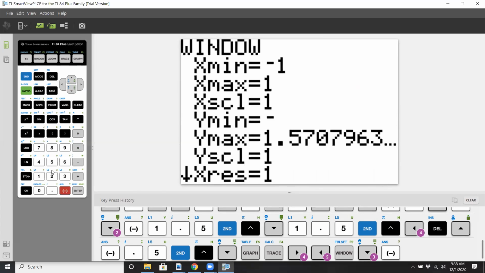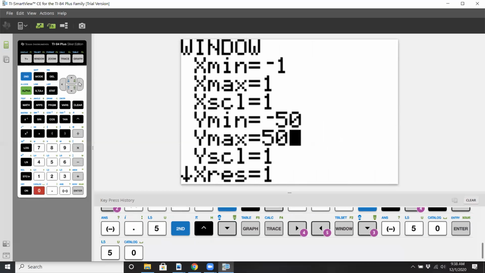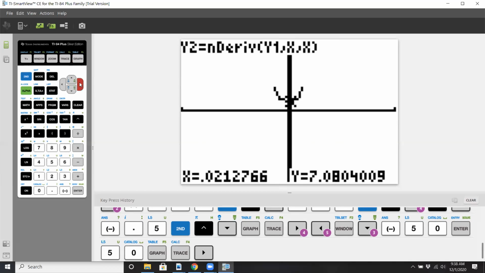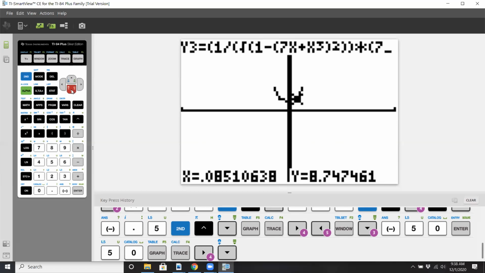Let's go negative 50 and 50. Okay, I feel a little better now about that. So I hit trace. You can see I'm on Y2. If I hit the down key, for Y3, I'm still on the same curve. So I know I've done this right. Okay.